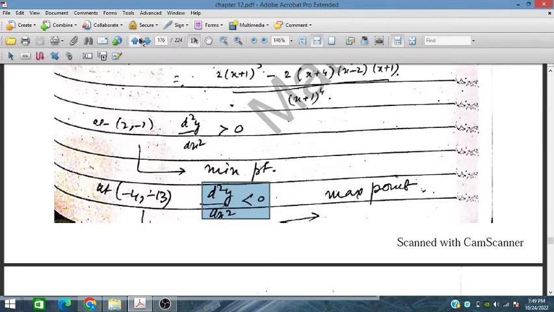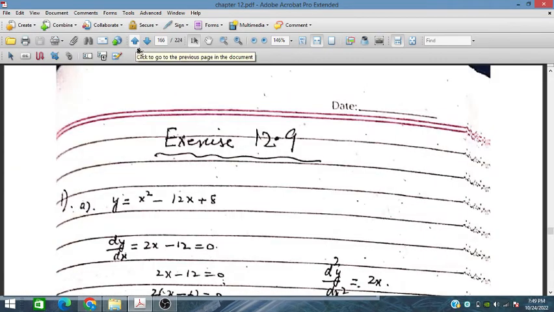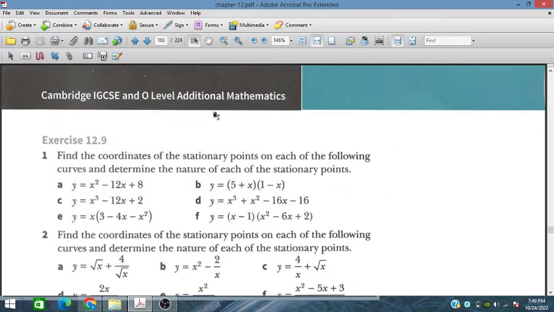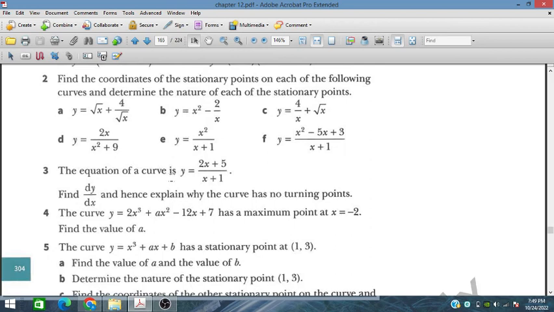Now we'll move to problem number 3. The equation of the curve is given; find dy by dx and explain why the curve has no turning point.